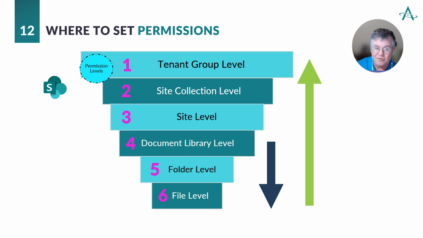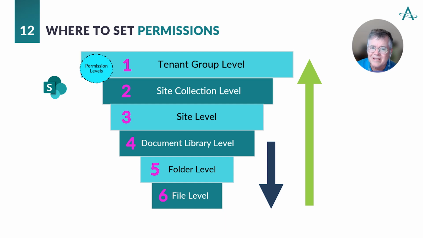Let's talk a little bit about best practices. Best practices would say that you want to give the access at the highest level that you can, because your accesses roll down to the lower levels. If I give the access at the tenant group level and have everything set up, then all of the accesses roll down. Same with site collection, they'll roll down. Site level, they'll roll down all the way down. So it's better to give it as high as you can.